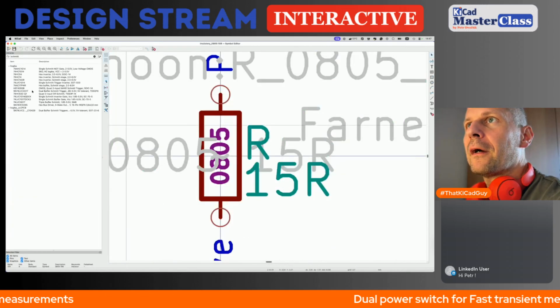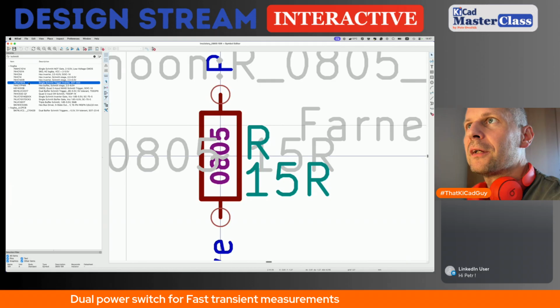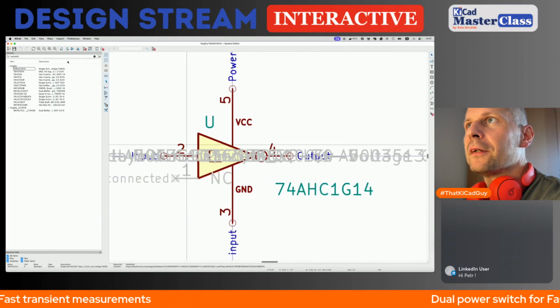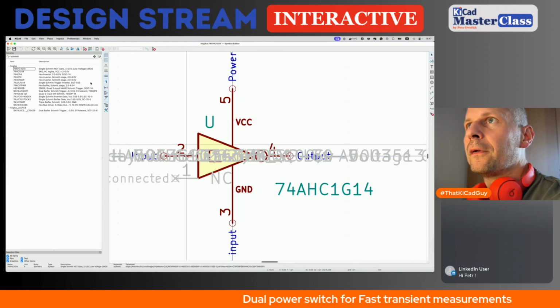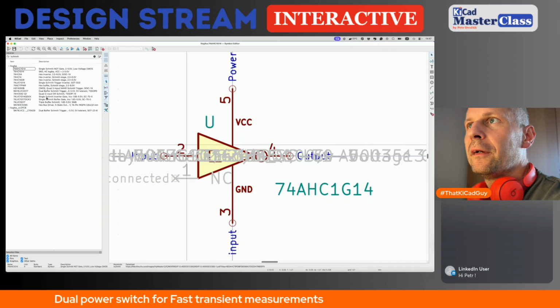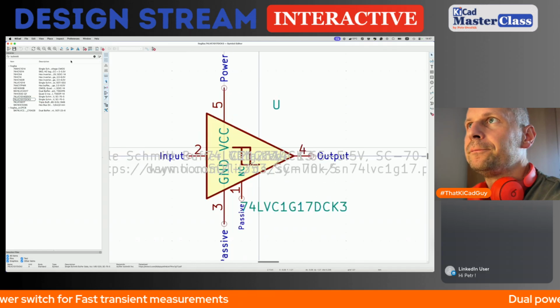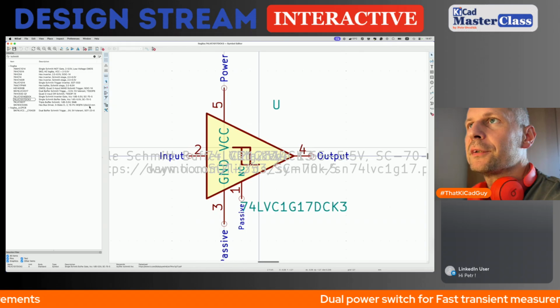So I think I have single Schmitt trigger inverter here, single gate package. Here is the inverter as well, single gate. Here is the buffer gate, single package.